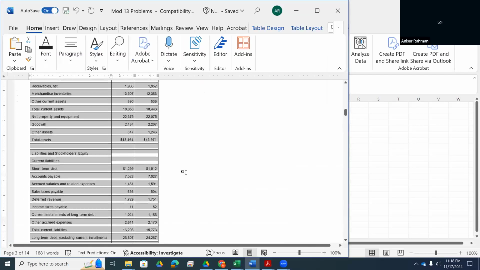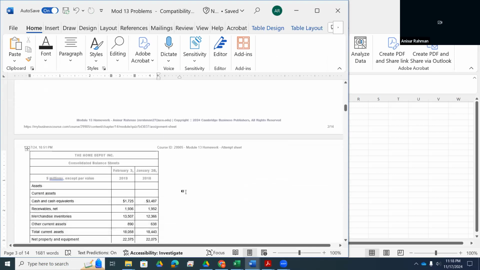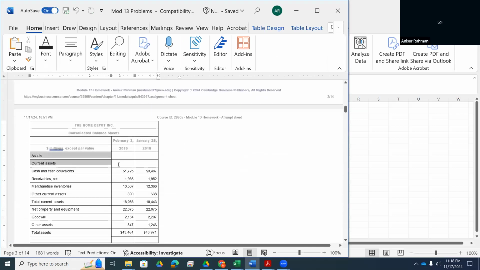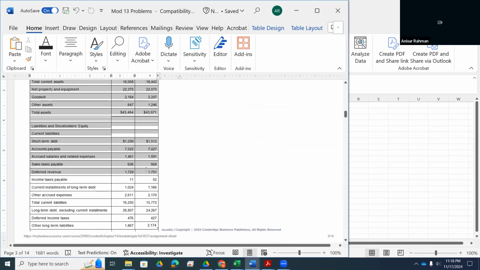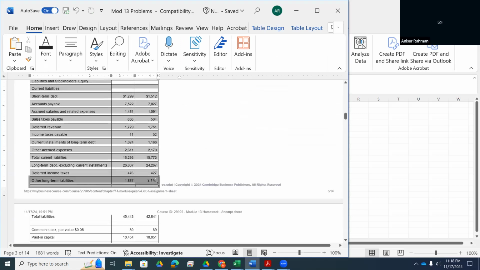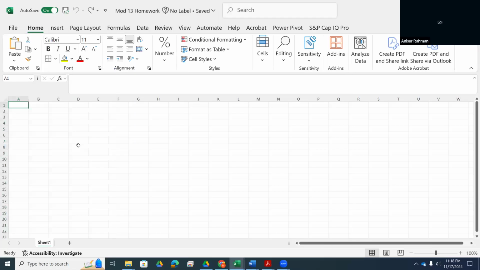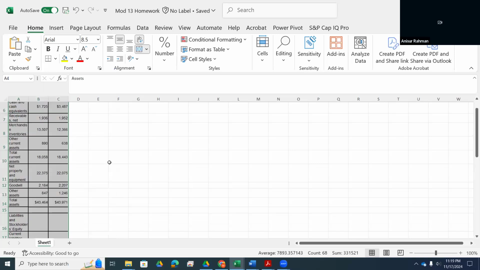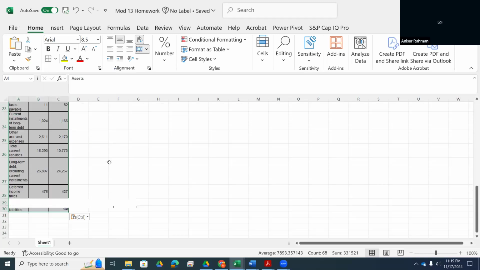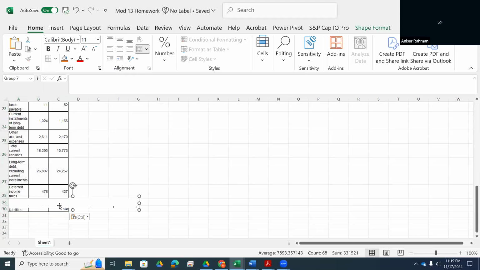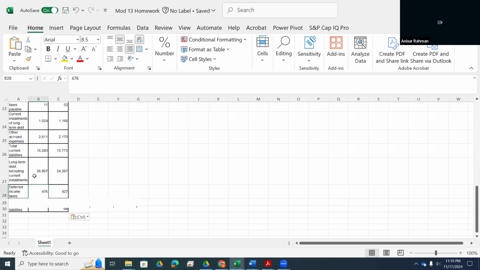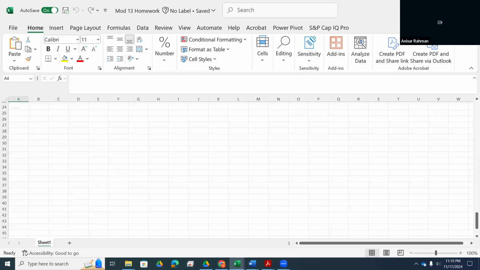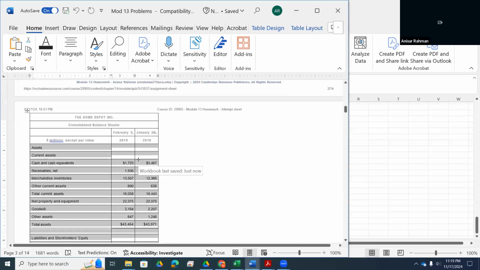Okay, let me copy from here, Control C. Okay, this looks much better, but this did not copy correctly, so I'll undo it again.